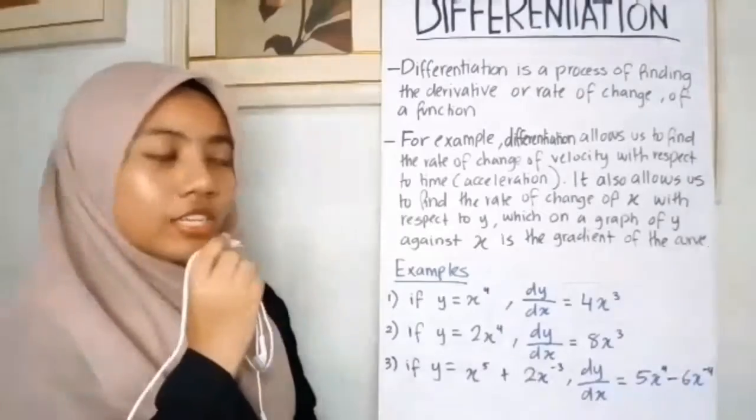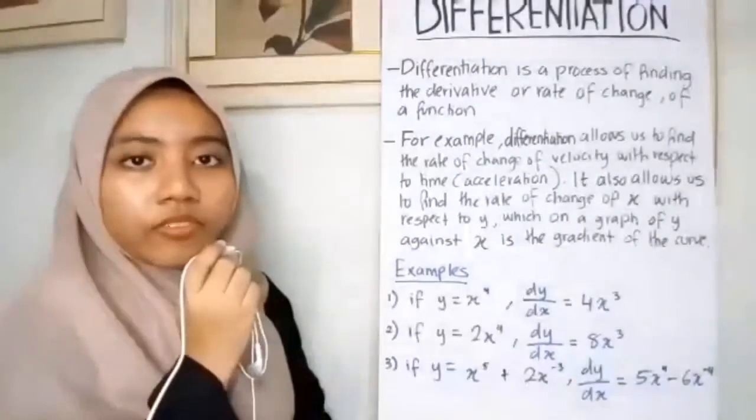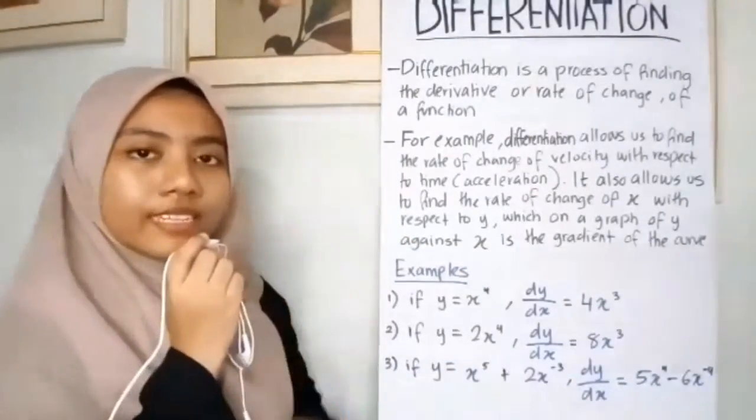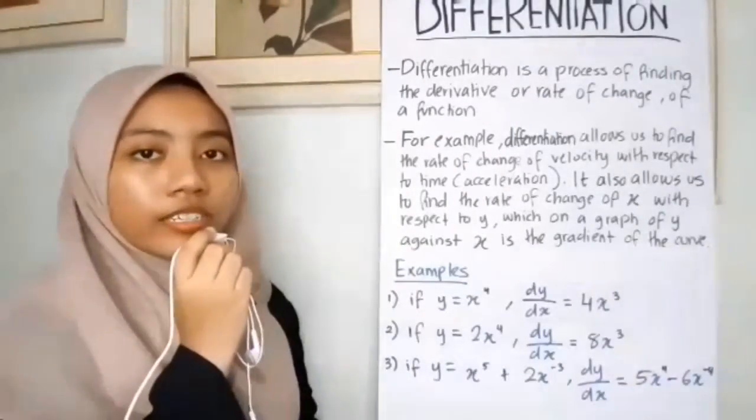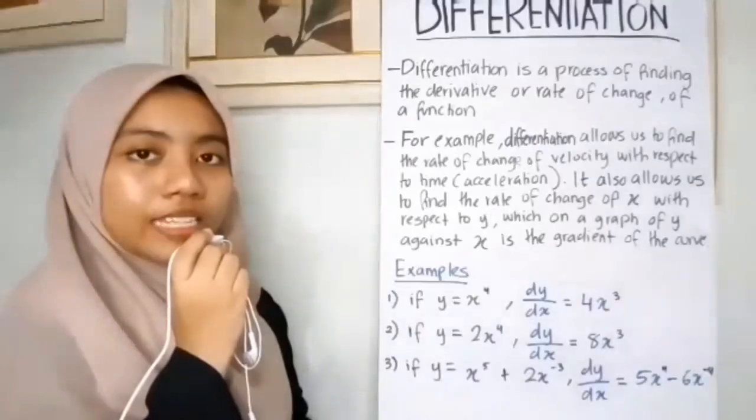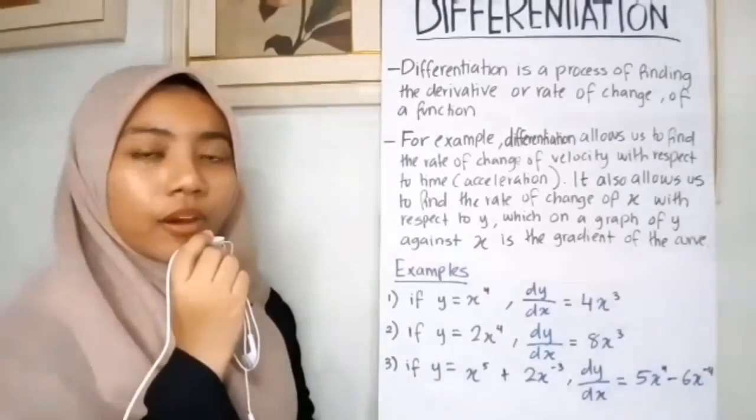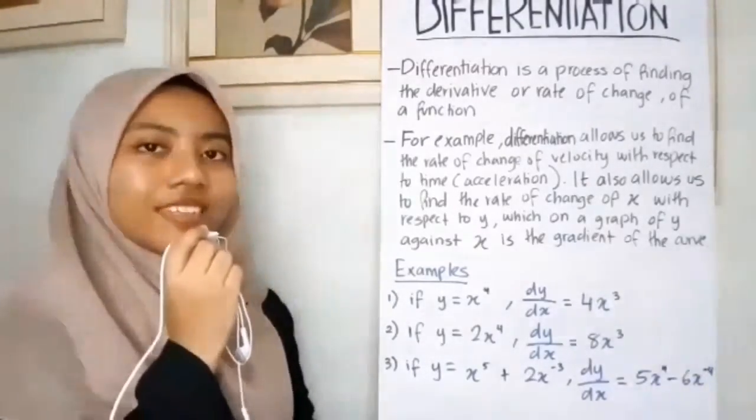We have two types of derivative, first and second. So dy/dx is the first derivative. For the second derivative, we will write d squared y over dx squared.